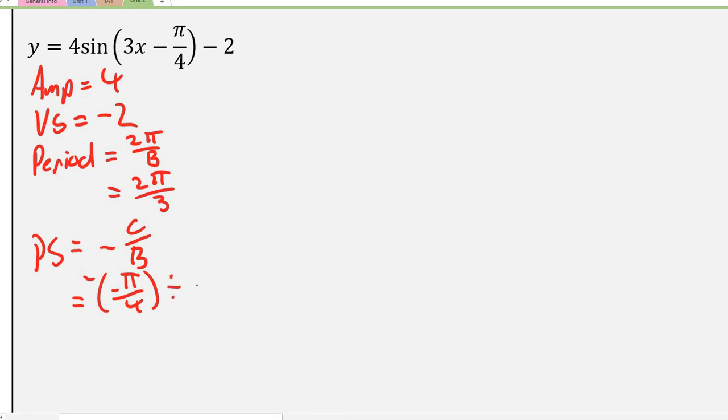Divided by my B value, which was 3. Because there's a negative in our C value, and there's a negative in the rule, that gives us just pi on 4 divided by 3. Pi on 4 divided by 3, pi over 12. Remember, if you need to find a third of a fraction, times the bottom by 3.